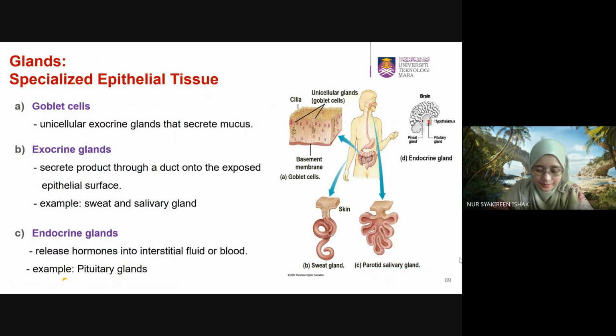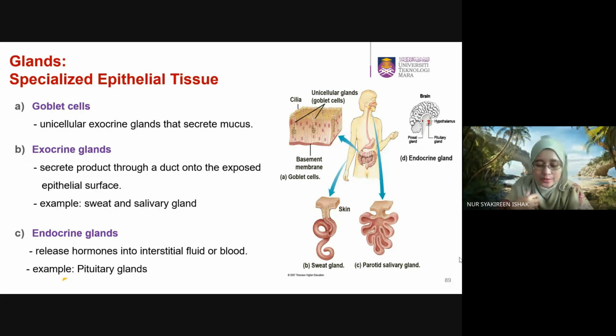These are specialized epithelial tissues that function for secretions. Goblet cells secrete mucus. Goblet cells can be found in the cells lining the trachea to produce mucus to trap contaminants from the air that you inhale.